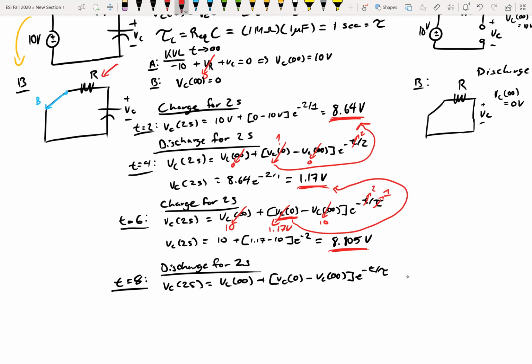So we know tau is going to go to 1. We know t is going to go to 2. Since we're discharging, we know infinity is going to go to 0. And then, like we said before, VC initial is going to be whatever we stopped charging at. So VC for that 2 seconds is going to be equal to 8.805 e to the minus 2 volts. Which will give us 1.19 volts.